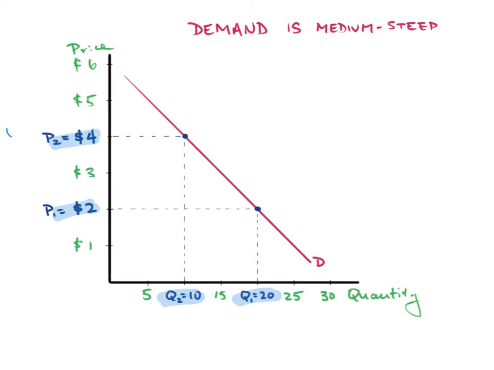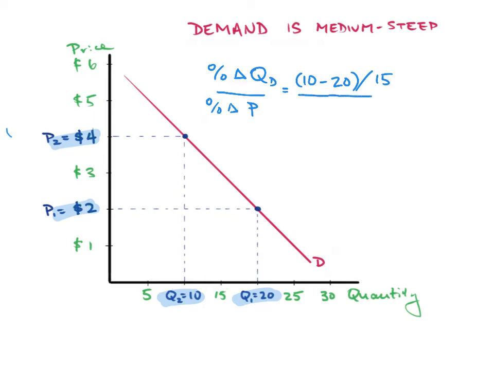Okay, let's calculate the elasticity of demand. Remember, it's the percent change in quantity demanded divided by the percent change in price. For quantity demanded, the change is from 20 to 10 divided by the average quantity, which is 15. The average of 10 and 20 is 15.